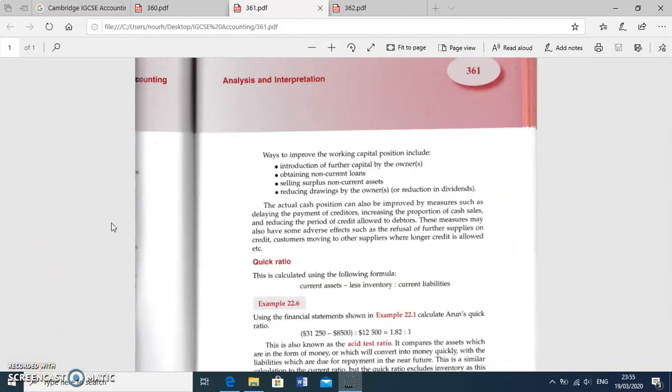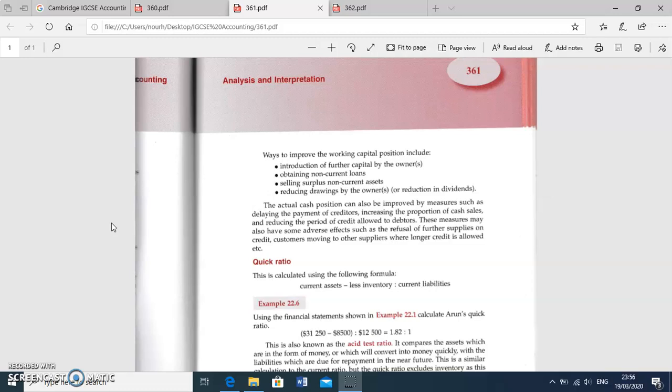So in case you are facing a problem where your current assets are not sufficient to pay your liabilities, you have to find another source of finance, another source to generate cash in order to pay your liabilities. This source may be internal or external.